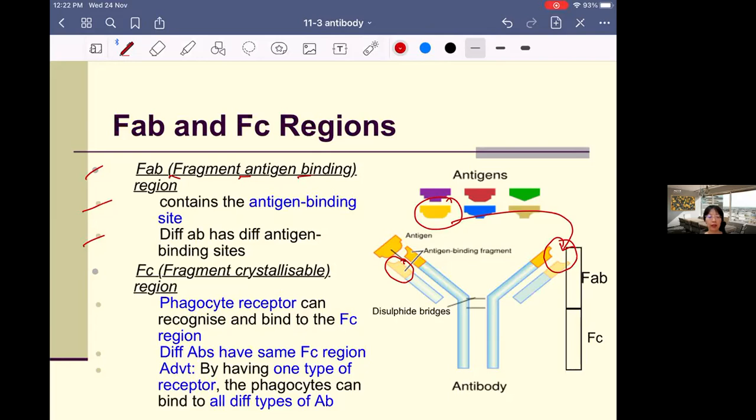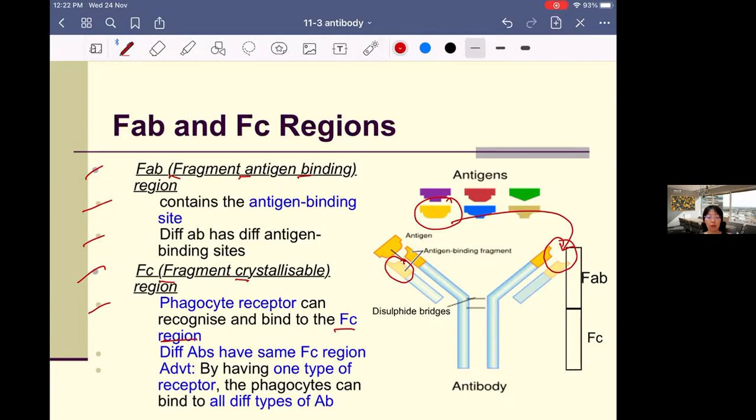Now, the second fragment of the antibody is called the FC region, which stands for fragment crystallizable region. Phagocytes have receptors that can recognize and bind to the FC region of this antibody.